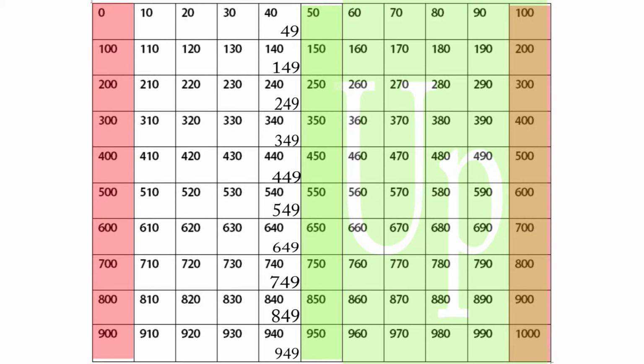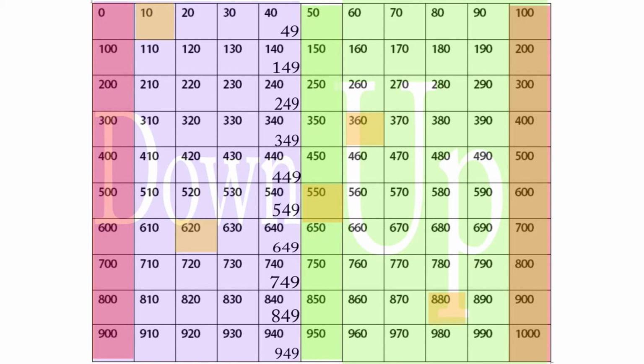Now, 49 is the cutoff spot for rounding down to the smaller multiple of 100. So if a number is 49, 149, 249, 349, 449, and so on, it will round back down to the smaller multiple of 100.